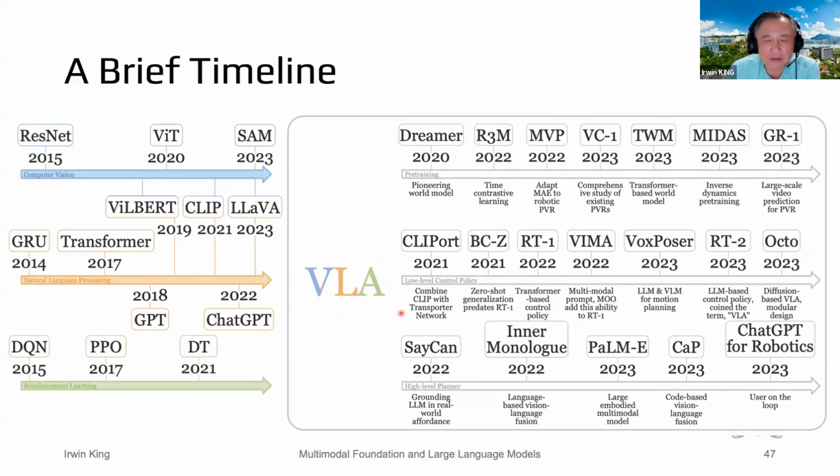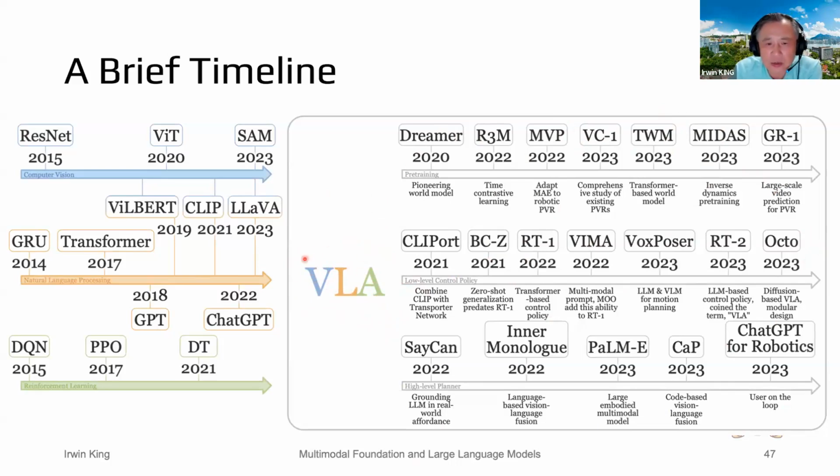I really truly believe that this may be one of the last frontiers that we have, because vision and language have been married for a long, long time. You know, ChatGPT could do these two very well, but it has not been embodied into robots.